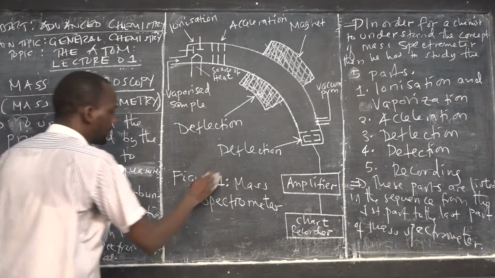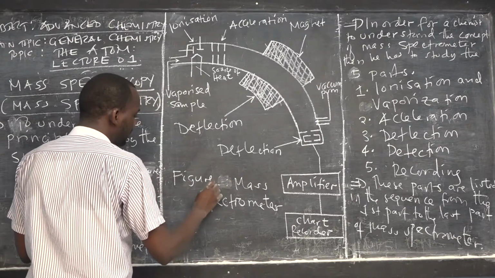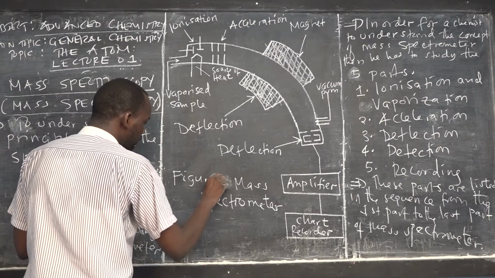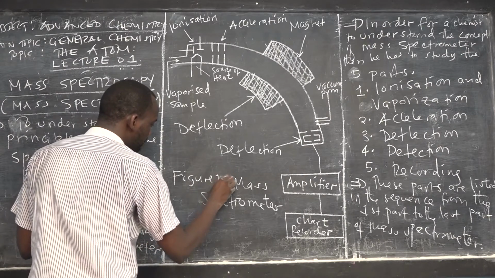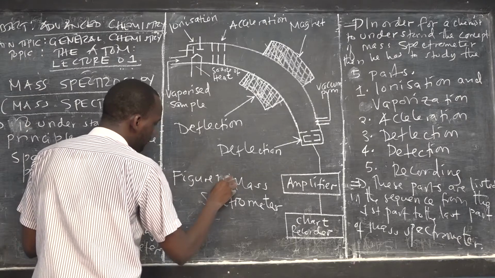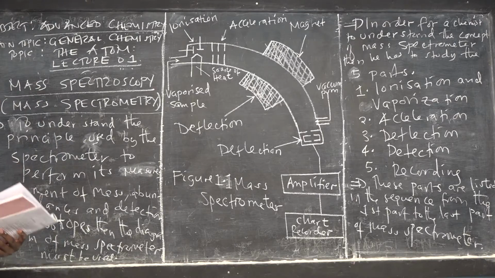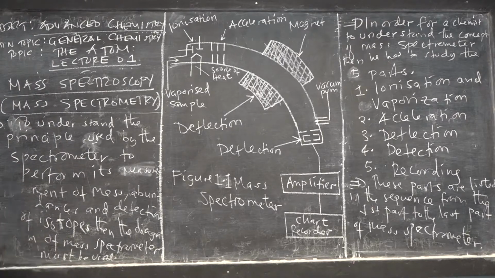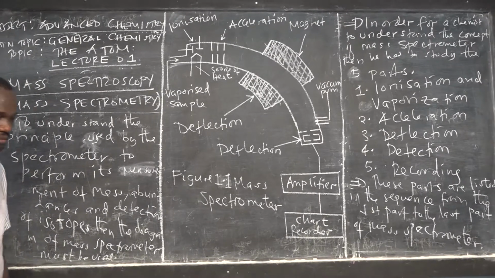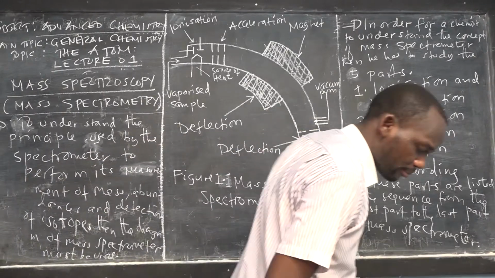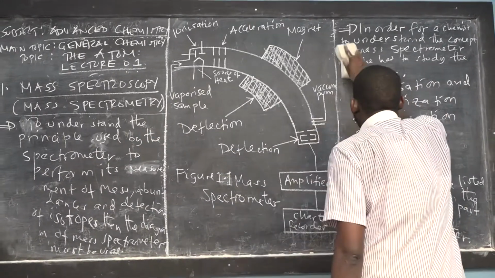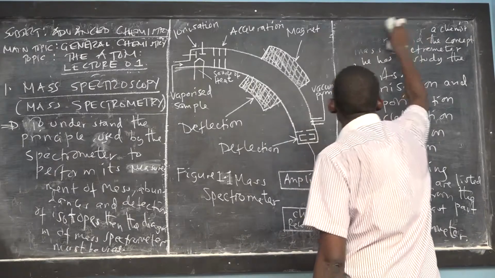You can call it even figure 1.1 because we're having many figures. So figure 1.1. We have 1.2, 1.3, etc., etc. So my dear student, my beloved student, that is a diagram of what? Mass spectrometer in chemistry.